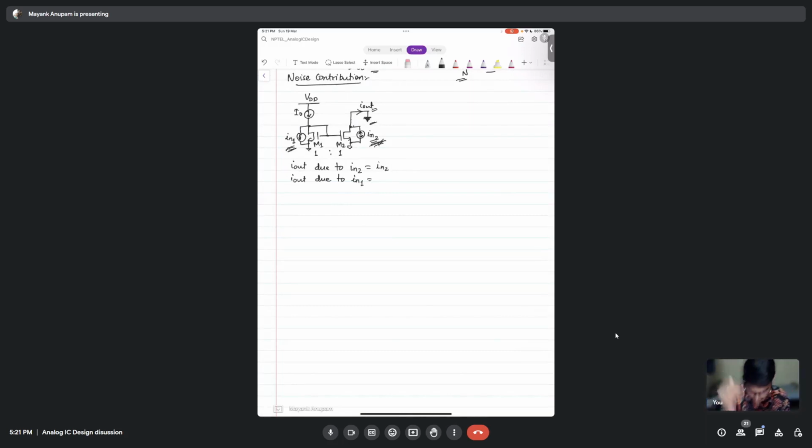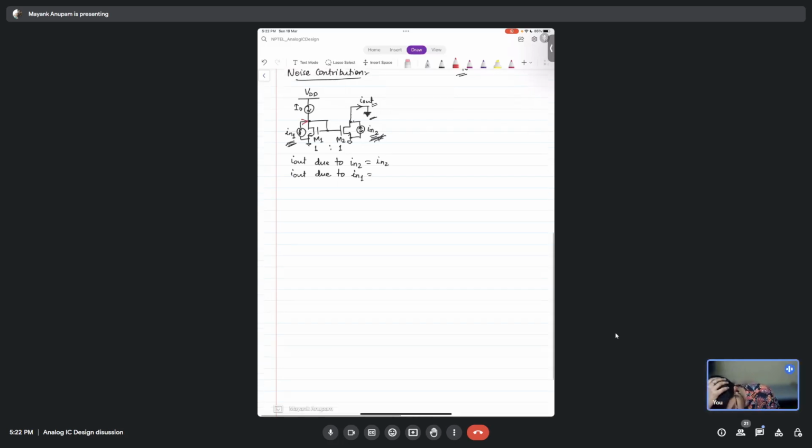So is it gm2 by gm1 into IN1? Exactly. It is gm2 by gm1 times IN1. And how did you calculate that? Because IN1 sees a resistance of 1 by gm1. Correct. So IN1 first flows through here, and it sees a resistance of 1 over gm1, so the voltage that develops here will be IN1 divided by gm1.